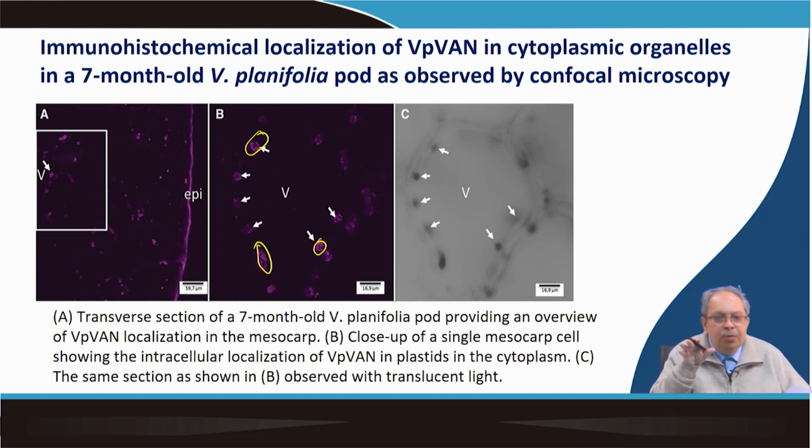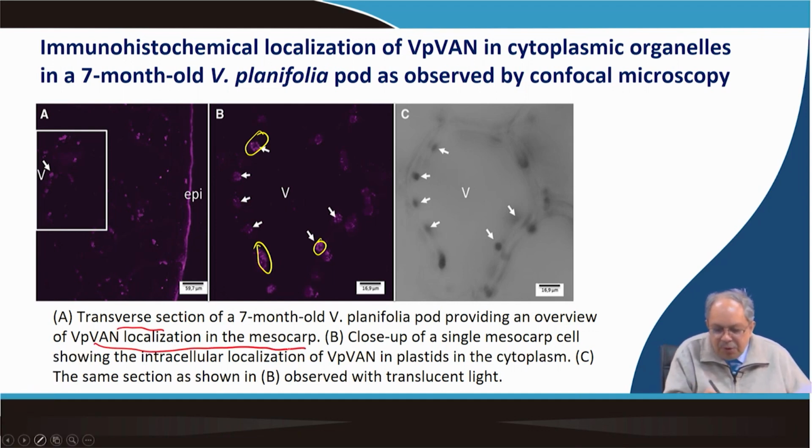So, they have the recombinant protein, they raised antibody against that, and then they have used that antibody to localize the VpVAN protein in the tissue. So, that is what it is. What is shown here is again a transverse section. So, VpVAN localization in the mesocarp.